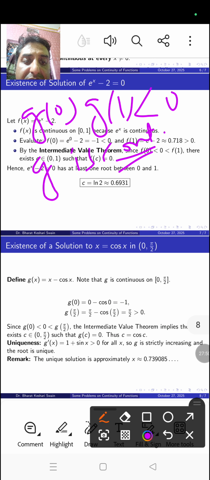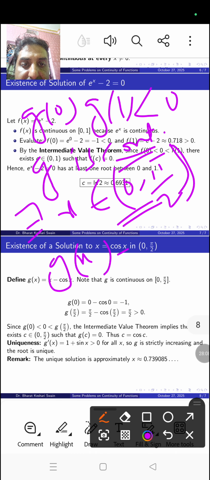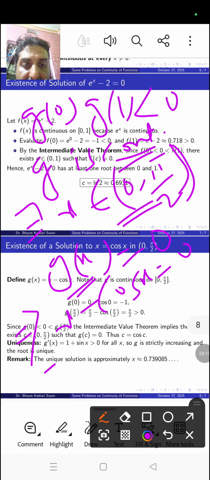According to the intermediate value theorem, there exists some x in 0 to pi by 2, a root in between 0 and pi by 2, such that g of x is equal to 0. So therefore x minus cos x equals 0, and therefore x equals cos x.